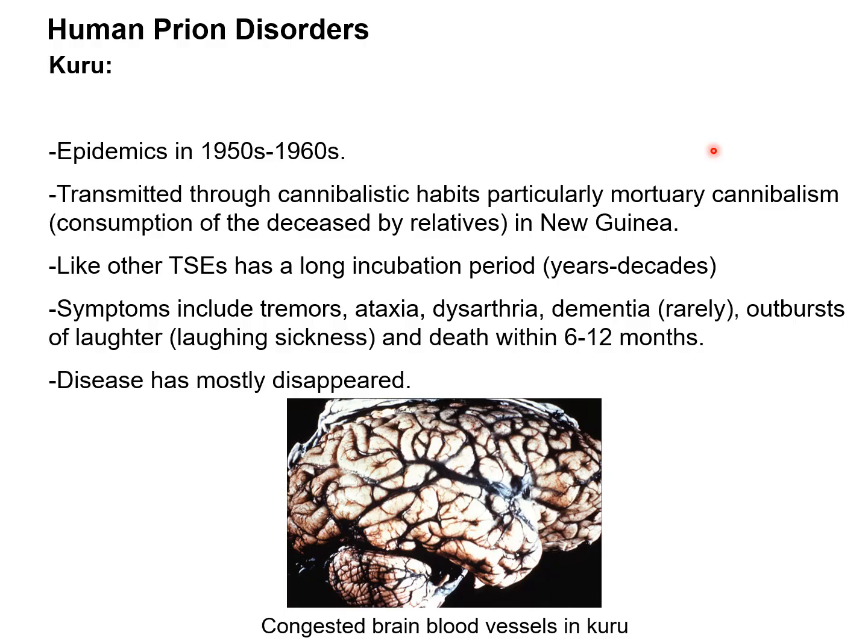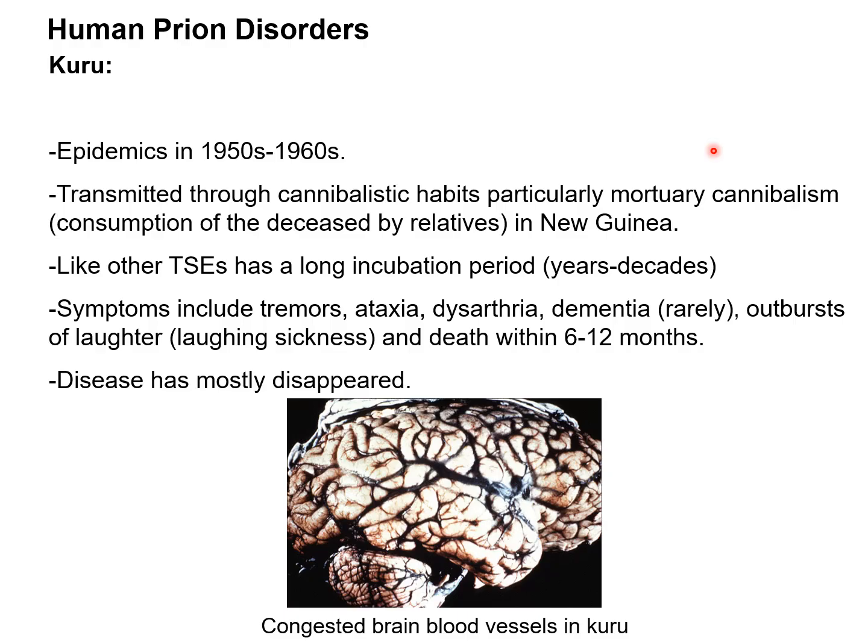In the 1970s, missionaries came to New Guinea and started stopping this practice, and this is how the disease has sort of disappeared. So like other TSEs, this is a disease that has a very long incubation period. It might take years to decades.